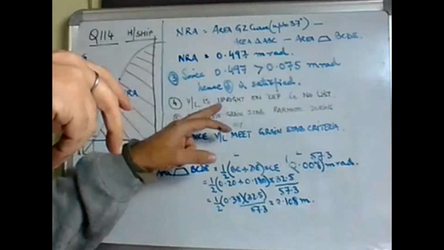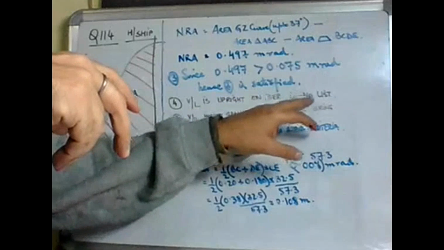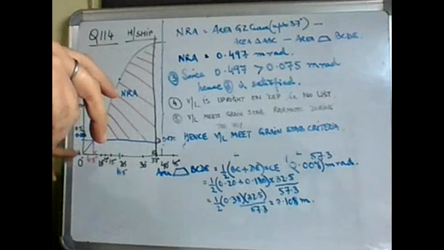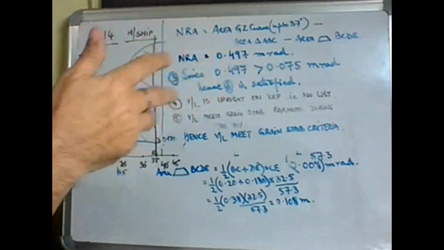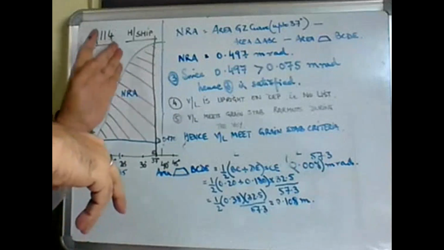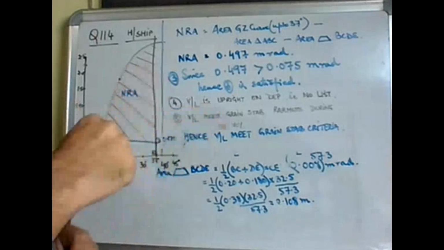Vessel is upright on departure. That is no list. So this curve is a T1 curve. It is not a T3 curve. So there is no list. Yes sir. So that itself shows that she is going to be upright on departure. It's a T1 curve.